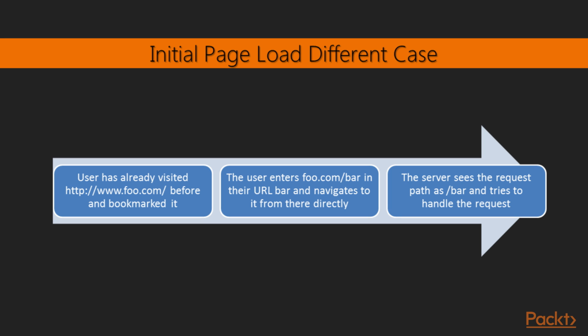Depending on how your server is configured, this might cause problems for you. This is because the last time the user visited foo.com/bar, no request for that resource reached the server because Angular was only emulating a real navigation event. This scenario is discussed elsewhere in this section, but keep in mind that without a correctly configured server, the user in the second case might see a 404 page error instead of your application.